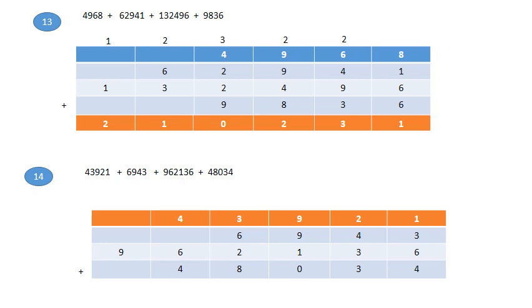So we have written 43,921, 6,943. This is 9 lakh. Then 62,000, 136. Then next is 48,000. Then 034. Come on, write one by one from ones column and move toward higher place value on the left side.